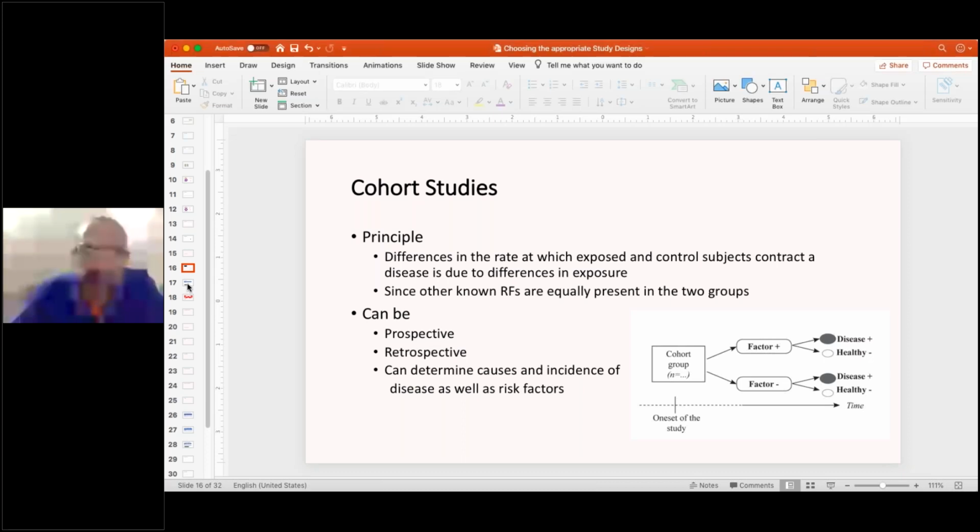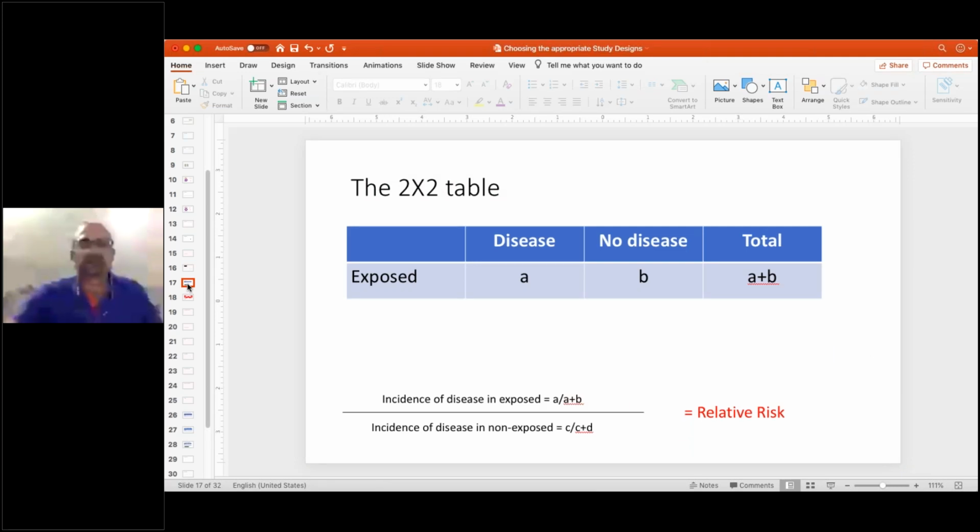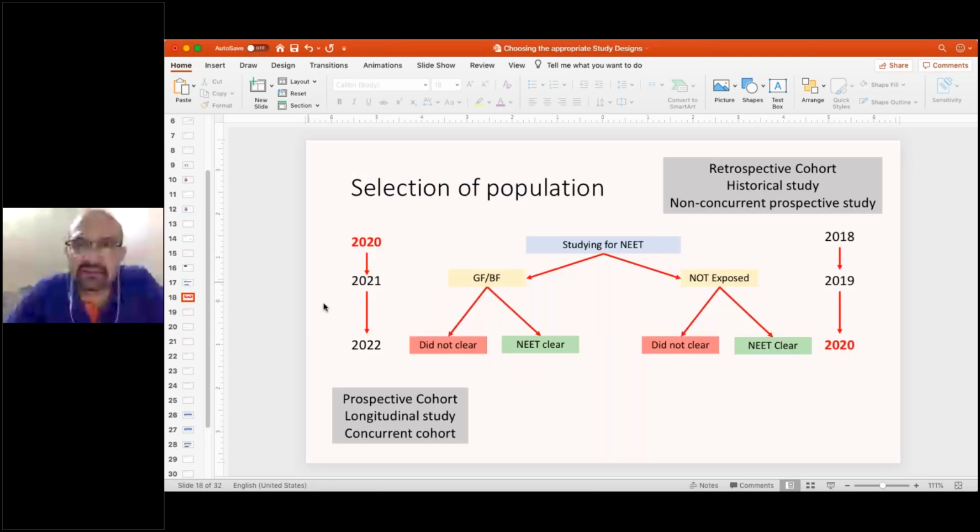Again, this is a 2x2 table which will not work without animation. This is just a take from one of the previous slides.